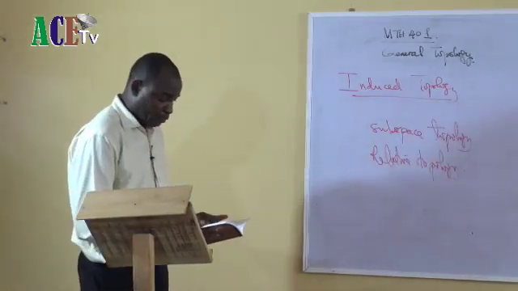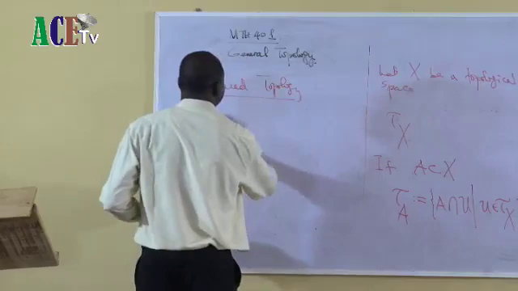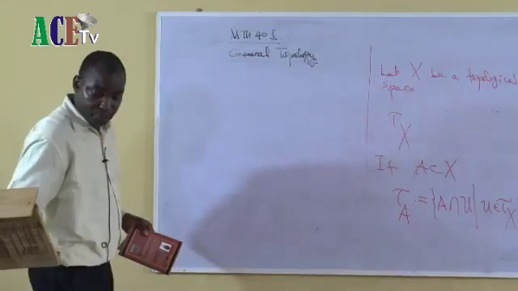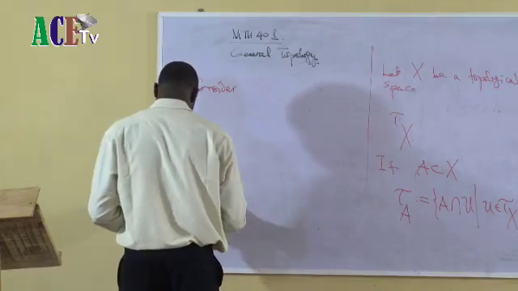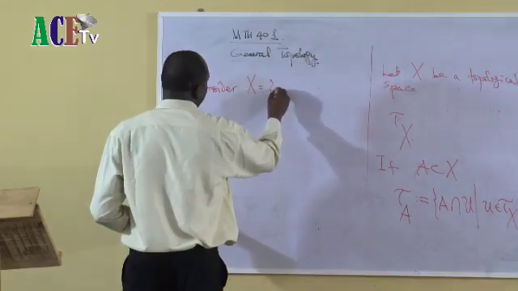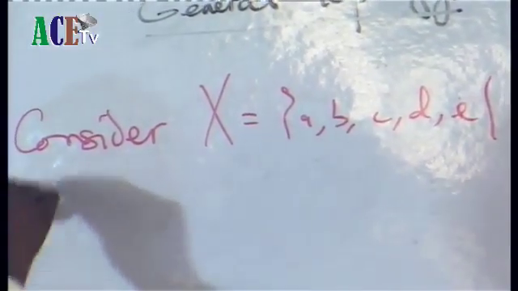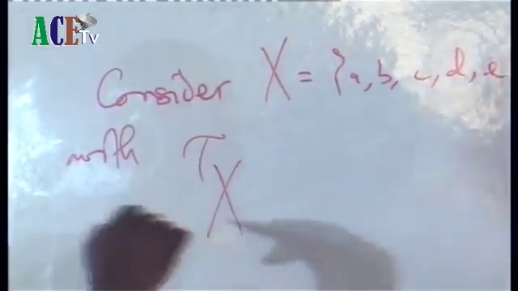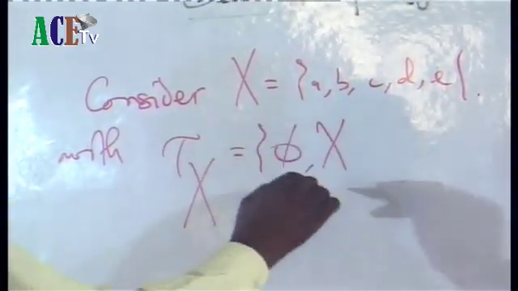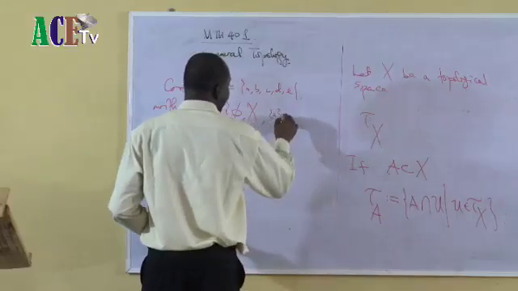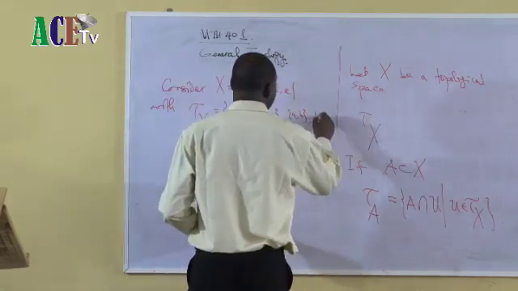I'll give an example. Consider X equals {A, B, C, D, E} with a topology T on X given by the empty set, X itself, the singleton A, AB, ACD.